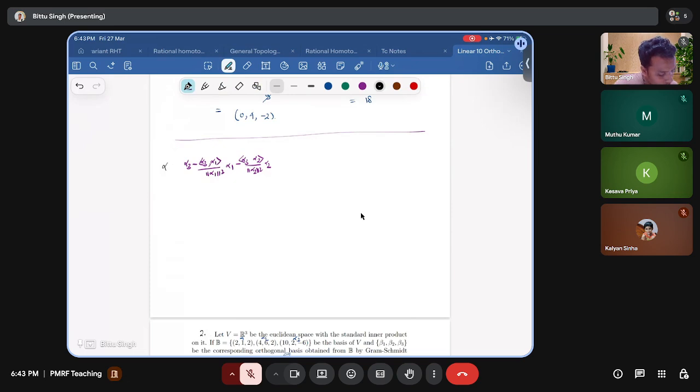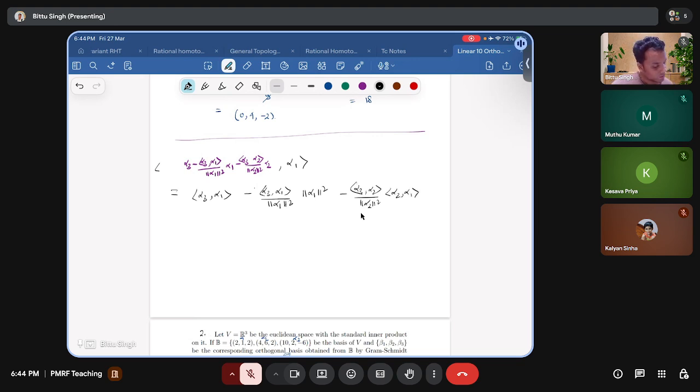If we take inner product with alpha 1, then this is same as alpha 1 comma alpha 3 minus alpha 1 comma alpha 3 by norm of alpha 1 square, norm of alpha 1 square, minus alpha 3 comma alpha 2 by norm of alpha 2 square, alpha 2 comma alpha 1.